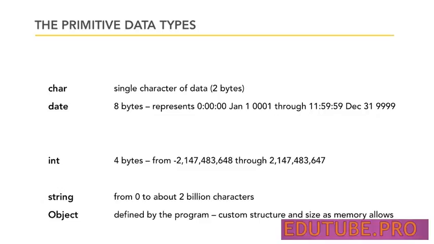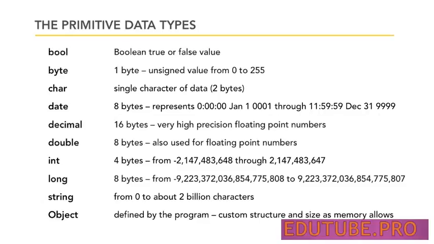And it takes up as much memory as its structure and as memory allows. So you can have all kinds of data fields inside your objects. And then rounding out the primitive data types are a whole bunch of other types like booleans and bytes and decimals and doubles and all kinds of other numeric data types and boolean and other non-numeric data types.